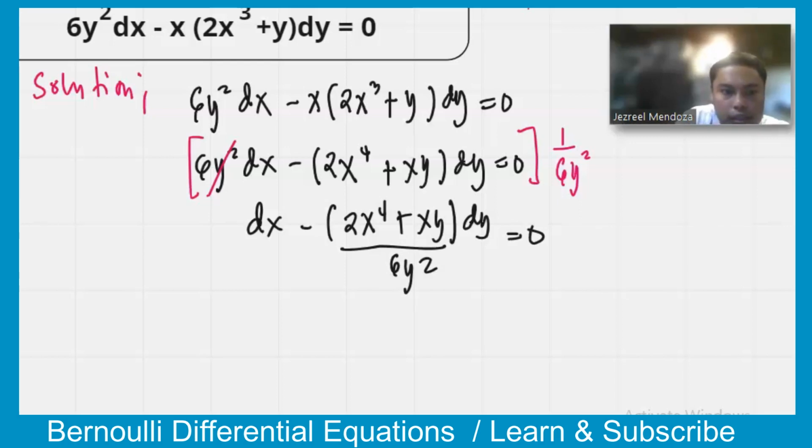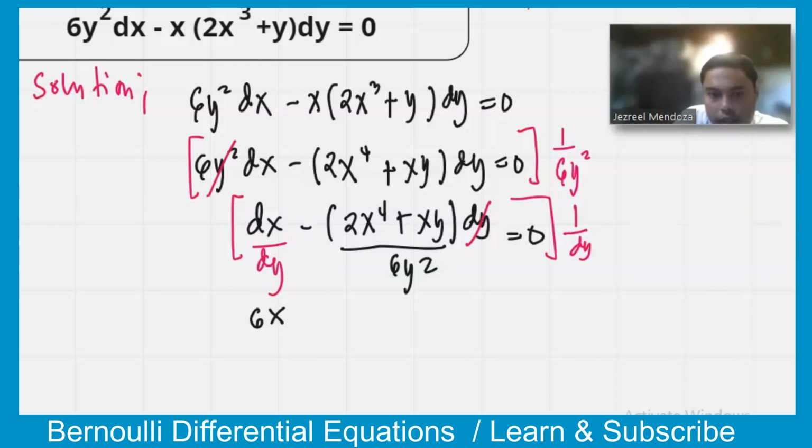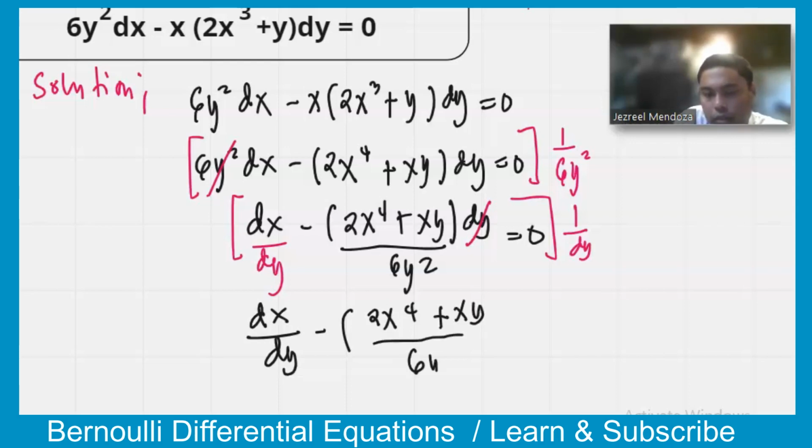Then let's divide again by dy to cancel it out. So we have dx over dy, that's minus 2x fourth plus xy, all over 6y squared, equals 0.